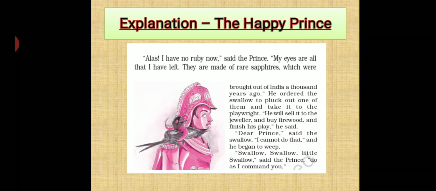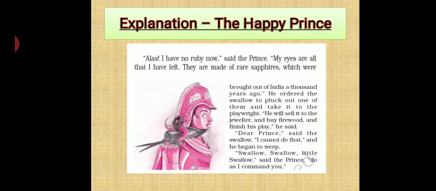So, the swallow was very sad to know that the Happy Prince wanted to give his eyes to the boy, and he started crying. The swallow told Happy Prince that he cannot do that thing. He cannot take out the sapphire from his eyes or from his head.